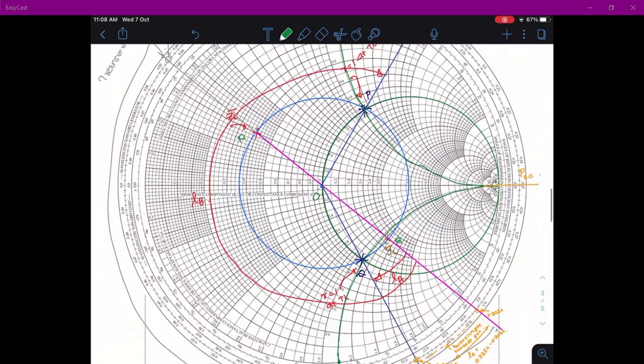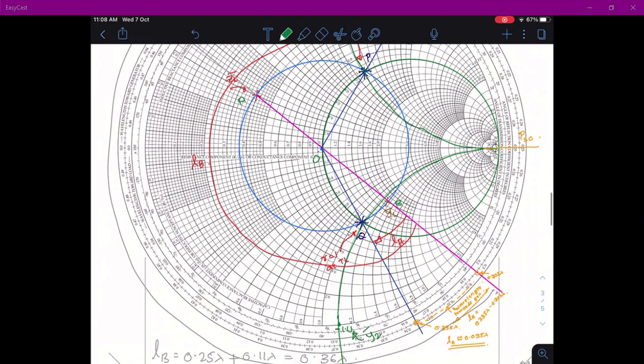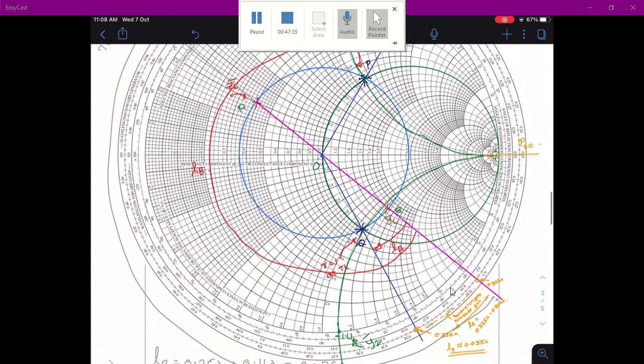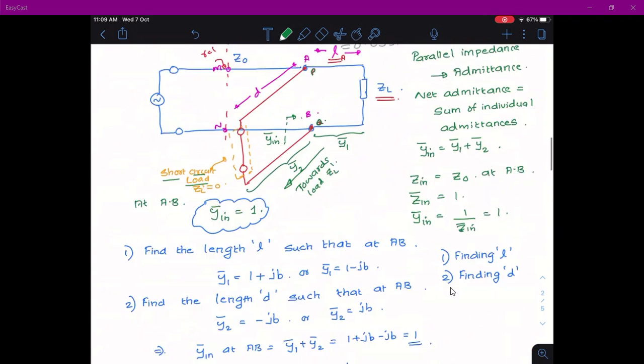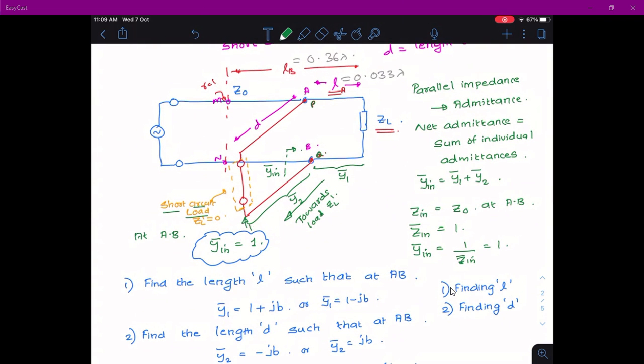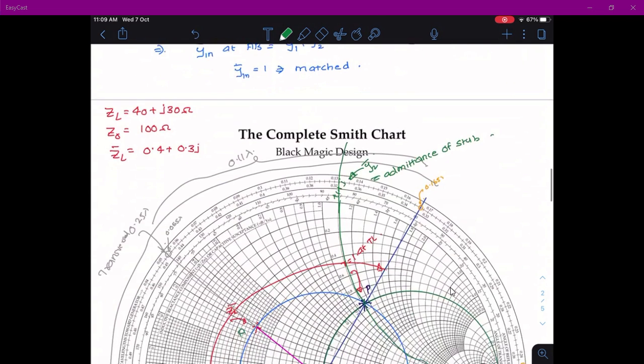Okay, and this is the point PSC, and you need to traverse towards the generator. Okay, so let's draw that also.